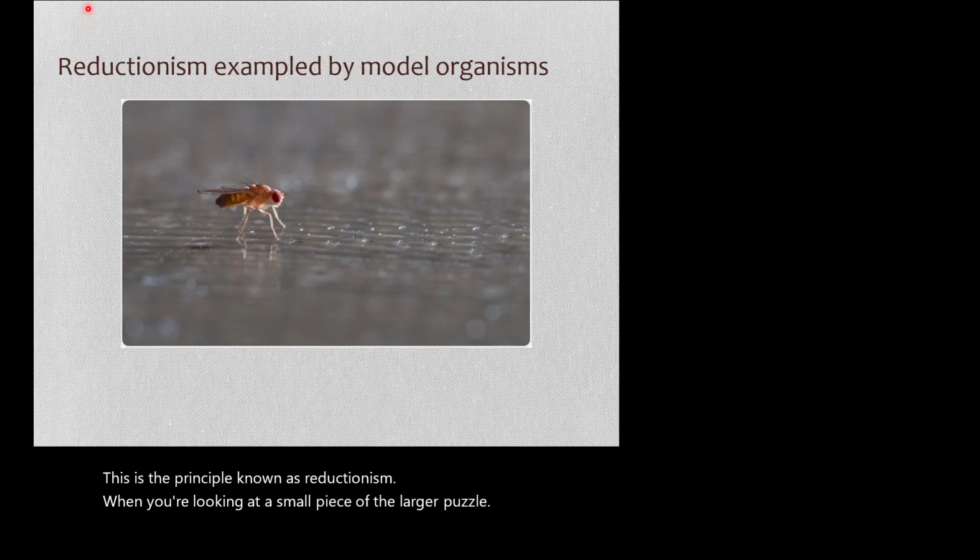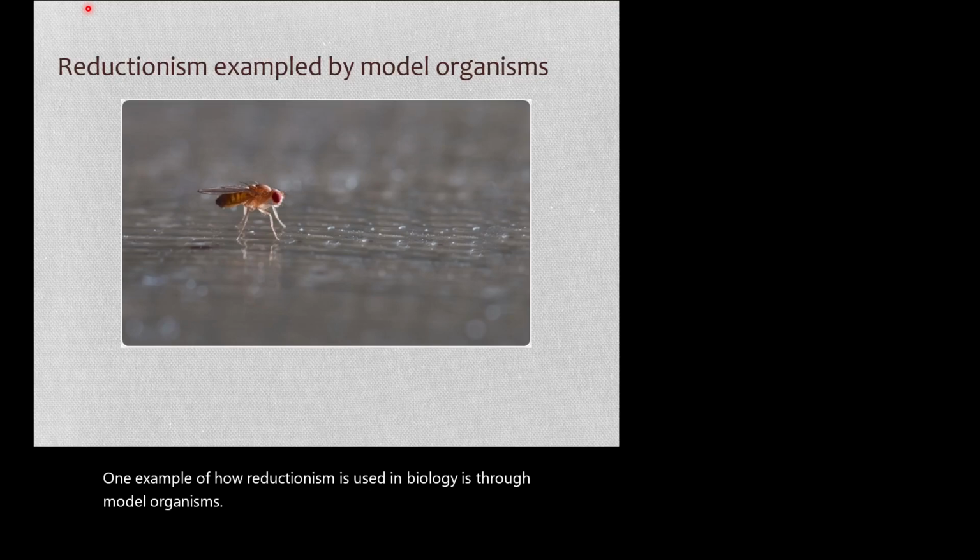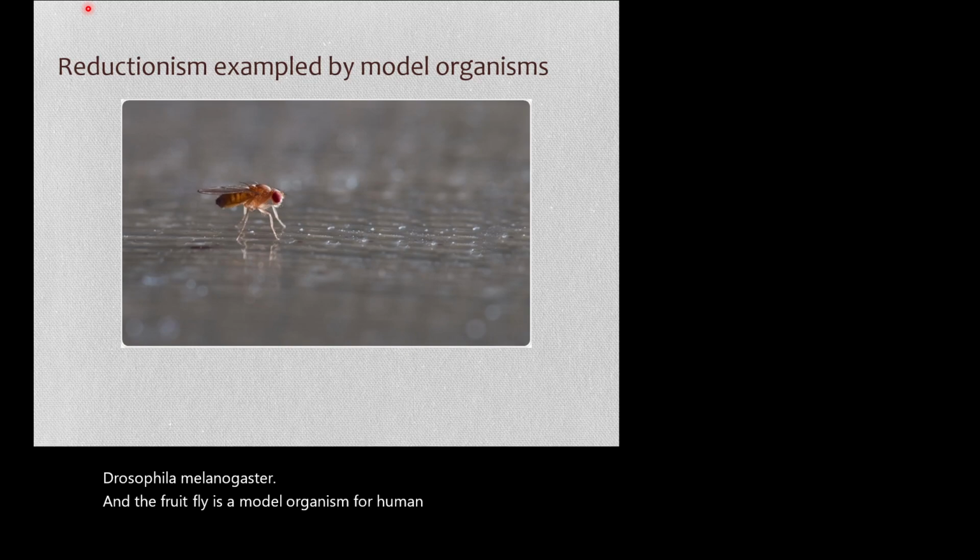One example of how reductionism is used in biology is through model organisms. The animal shown here is a fruit fly. Its scientific name is Drosophila melanogaster, and the fruit fly is a model organism for human research, believe it or not.